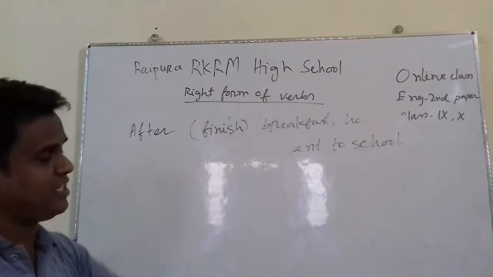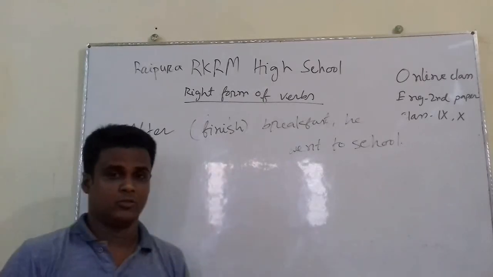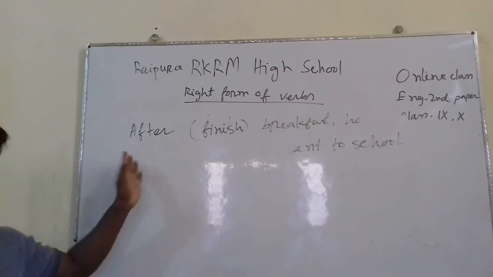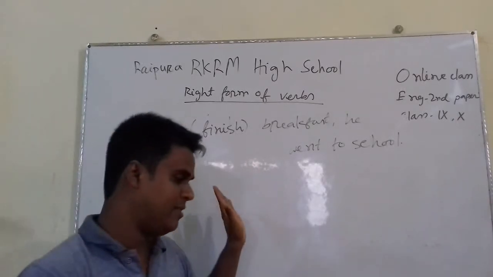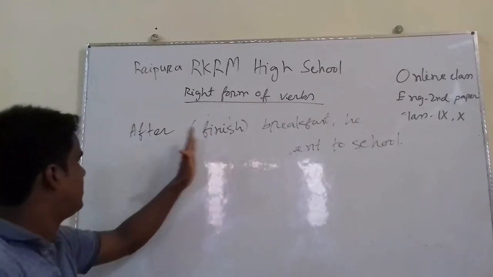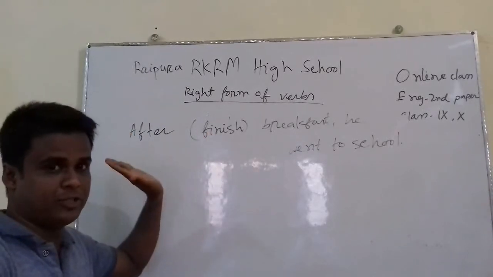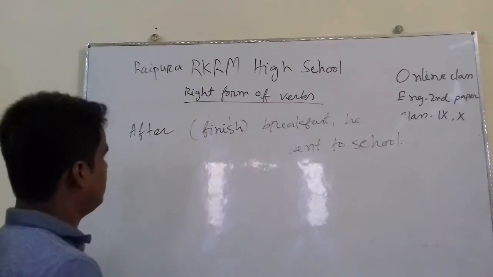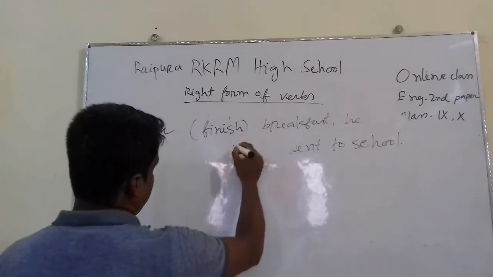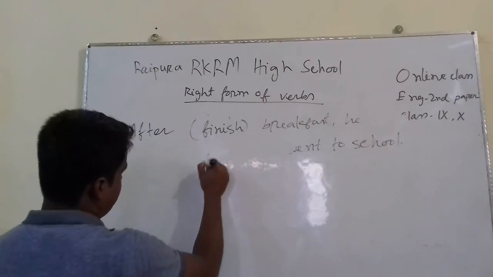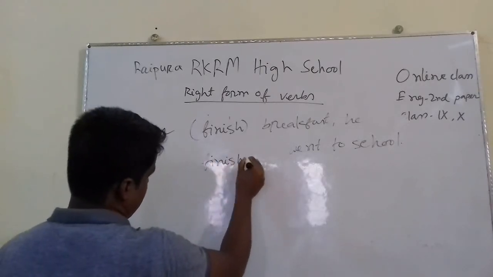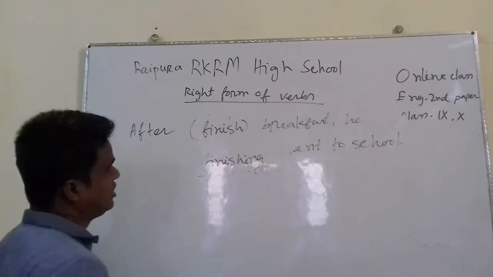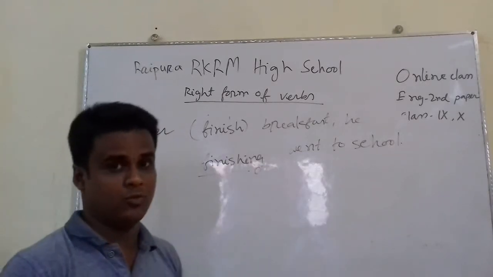After finished breakfast, you went to school. So the rule regarding prepositions: "after" is a preposition, and if there is a verb after a preposition, that means first there will be a preposition and then a verb, then we will use the ing form with the main verb. So this will be: after finishing breakfast, you went to school.